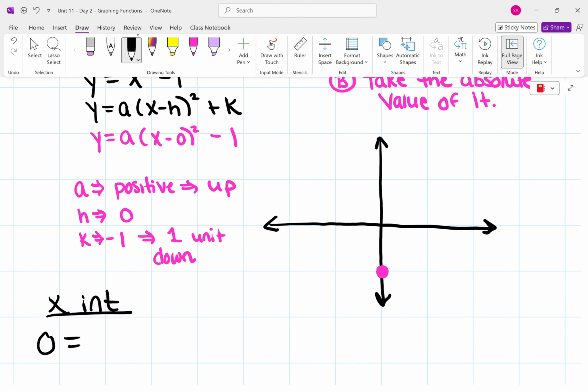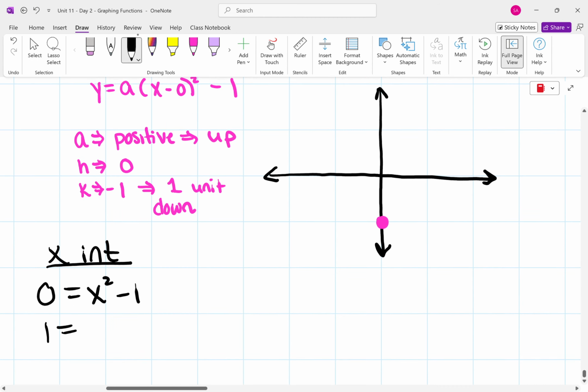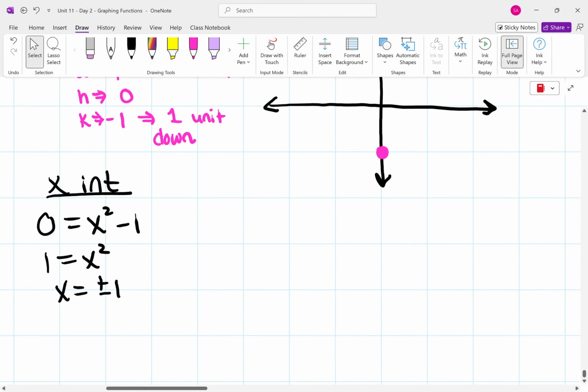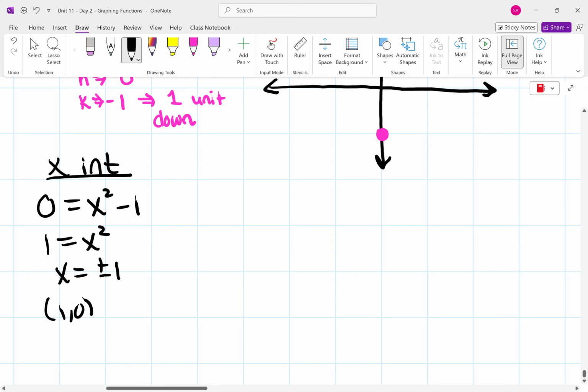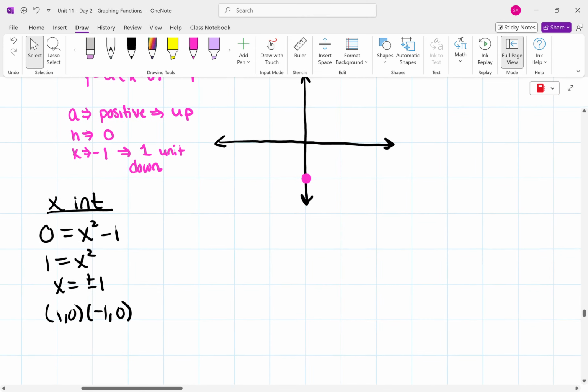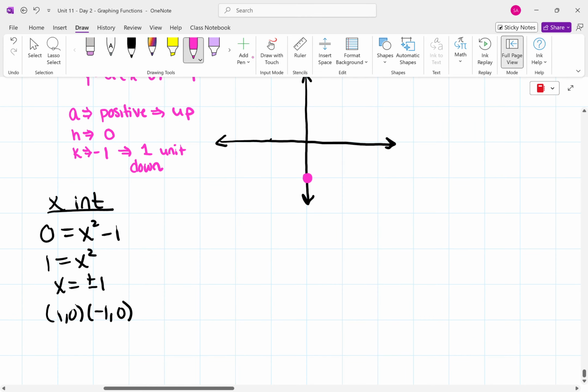So my x-intercept is 0 equals x squared minus 1. So 1 equals x squared, so x will equal plus or minus 1. So we're here and here.